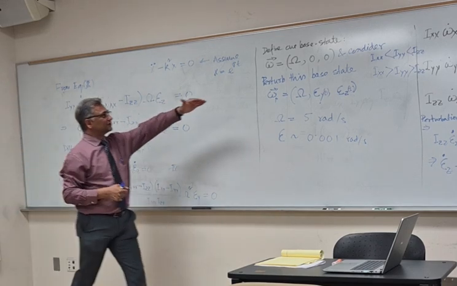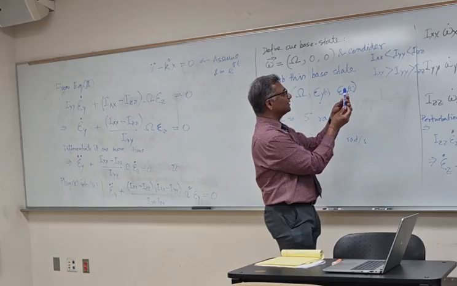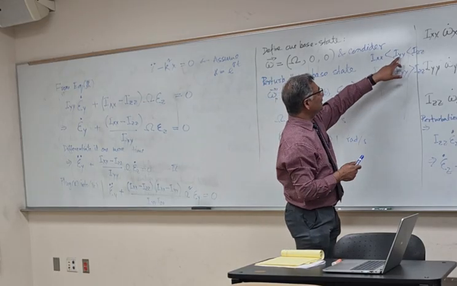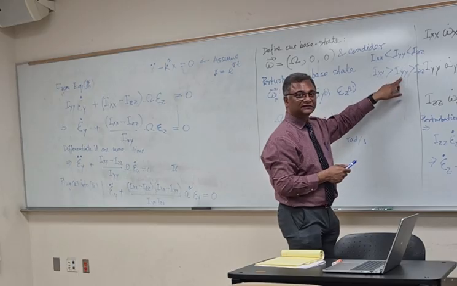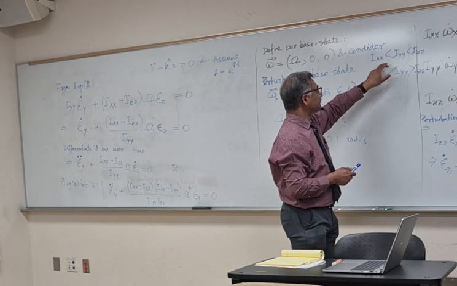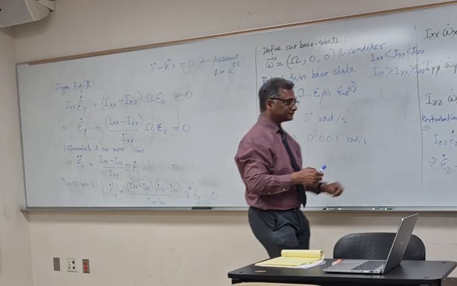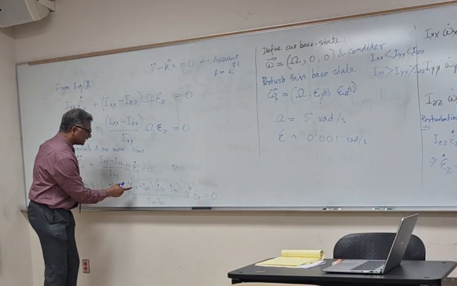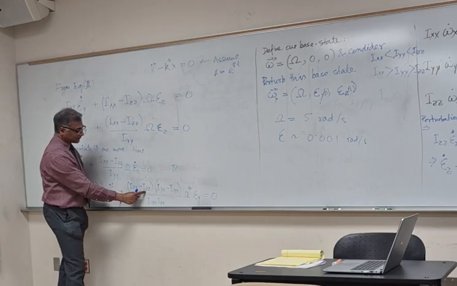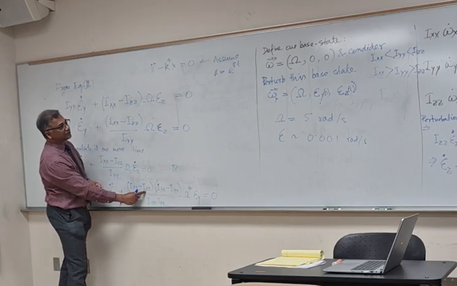What is our assumption here? We are rotating this object about the x-axis, and the middle inertia is larger than Ixx and smaller than Izz. So this term, Ixx minus Izz, what is this term? Positive or negative?